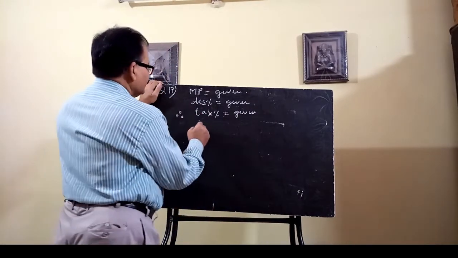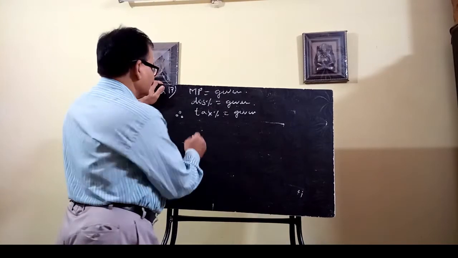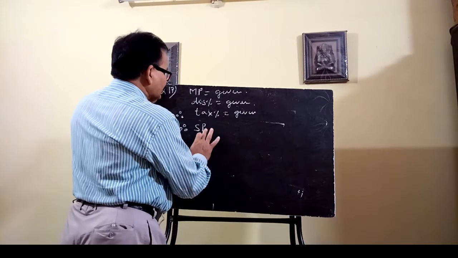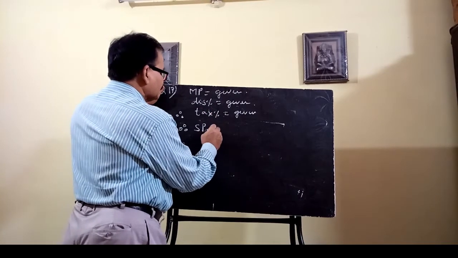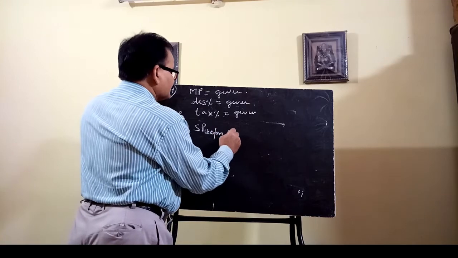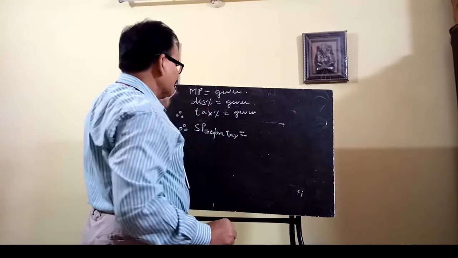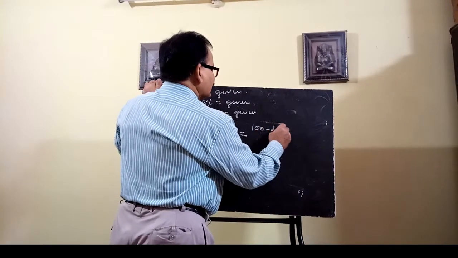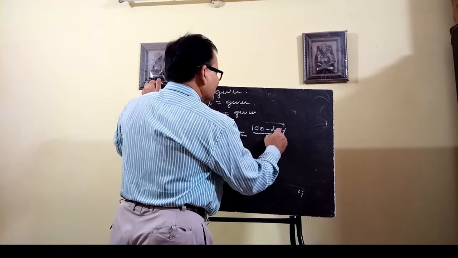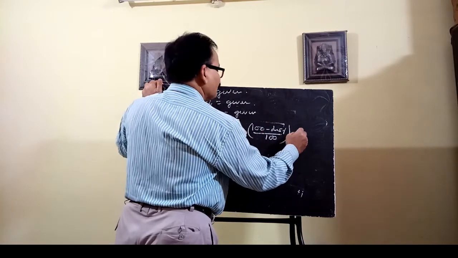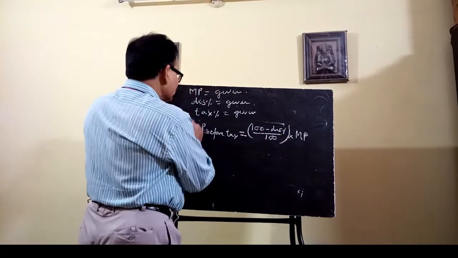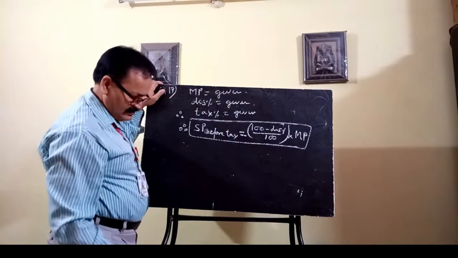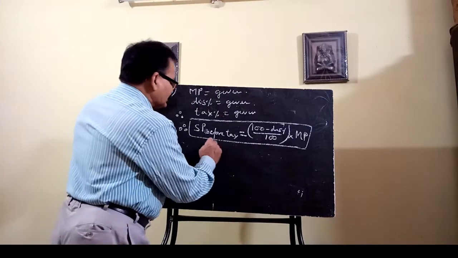So here you first find your SP before tax, that is the SP after discount. That is 100 minus discount percent by 100, into your MP. This is your SP before tax that you have calculated.